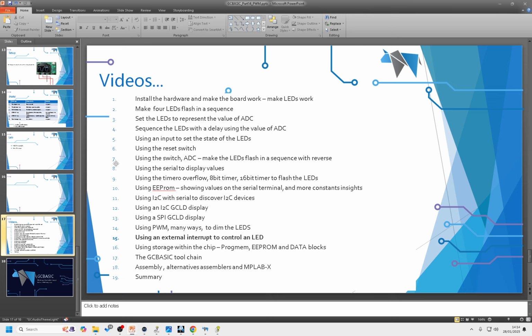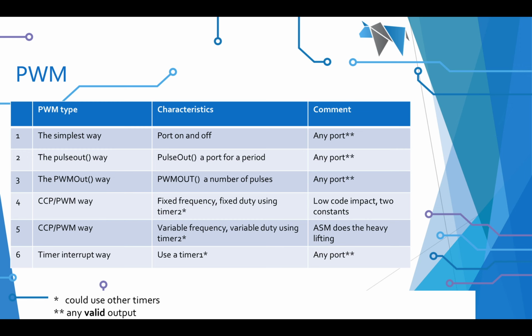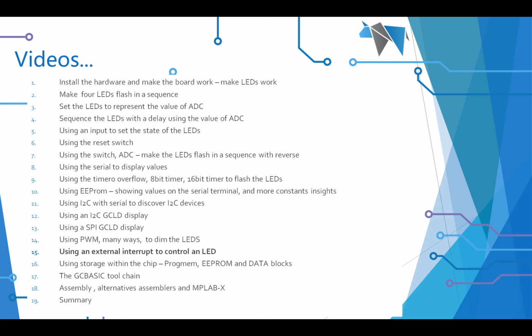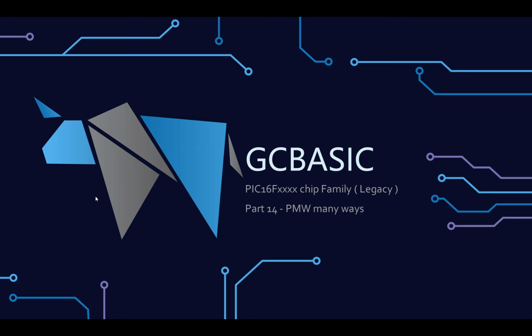No, that's definitely the next video, because look, we've just done number 14 using PWM, many ways to dim the LEDs, but they're actually generating square signals. The next one will be using an external interrupt to control an LED, so we're getting more and more advanced. And with that, enjoy.